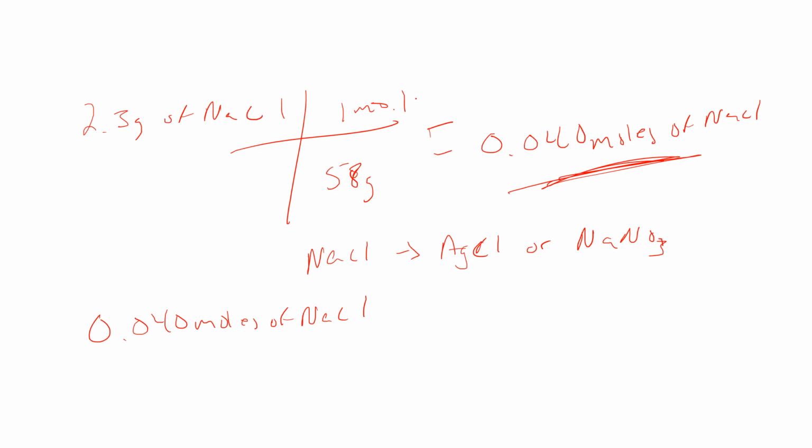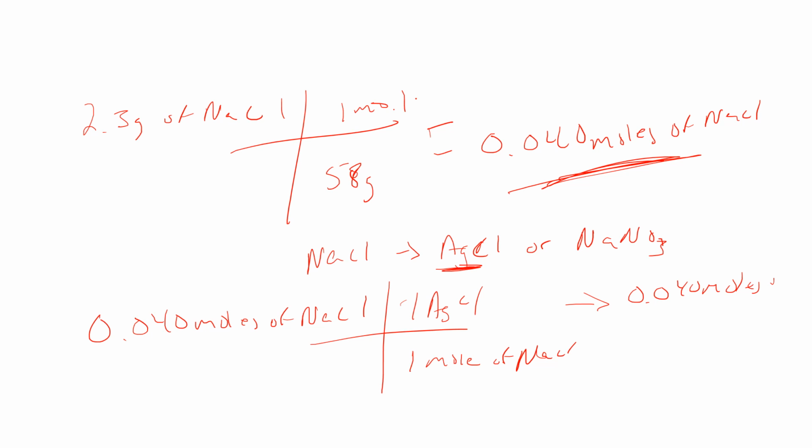So if we want to figure out how much AgCl, we can do 0.04 moles of NaCl at 1:1, so it's 1 AgCl for every 1 mole of NaCl. So we effectively have 0.040 moles of AgCl.